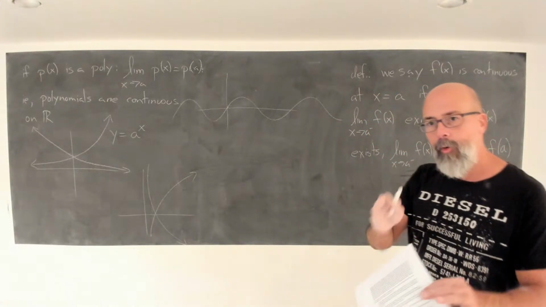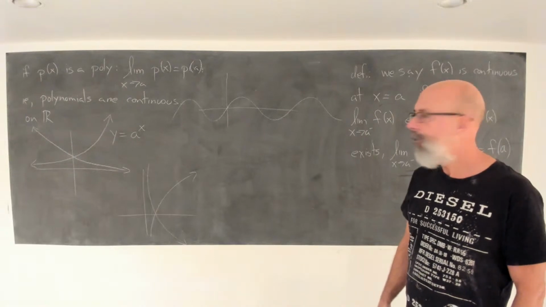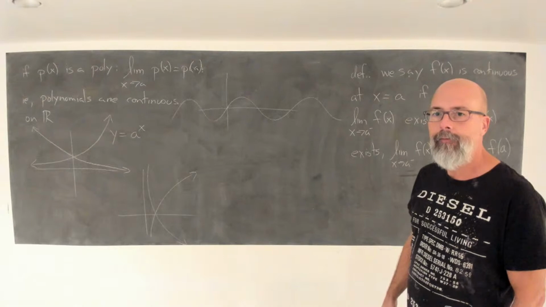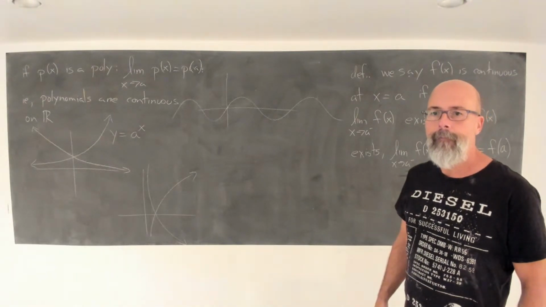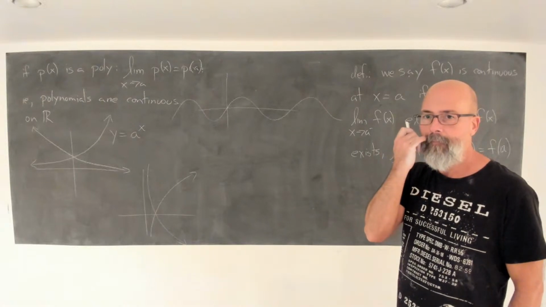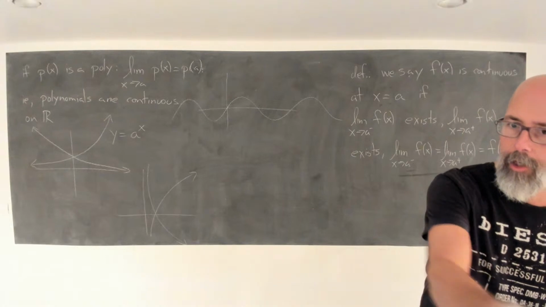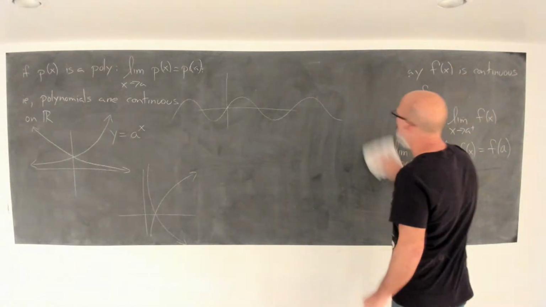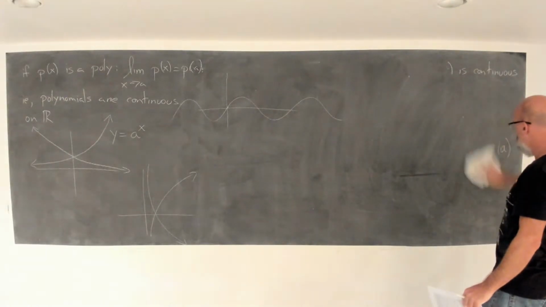Right? So everywhere except at the vertical asymptotes, you're fine. The horizontal line test is not an issue here, right? This function is not one-to-one, but it's still continuous.